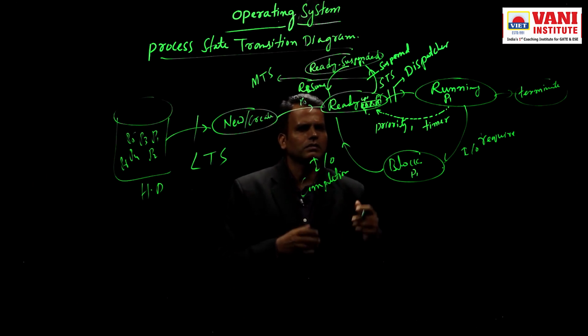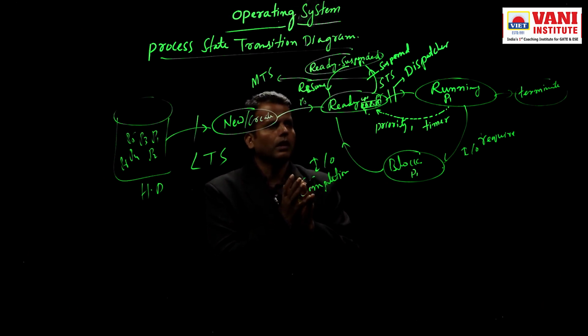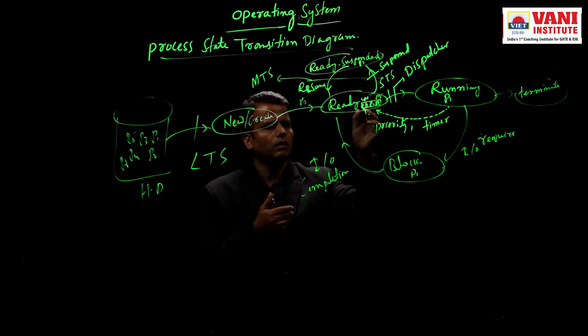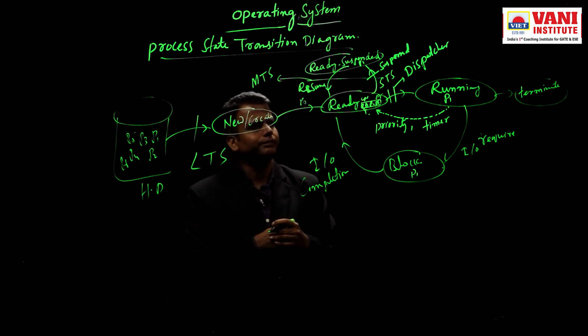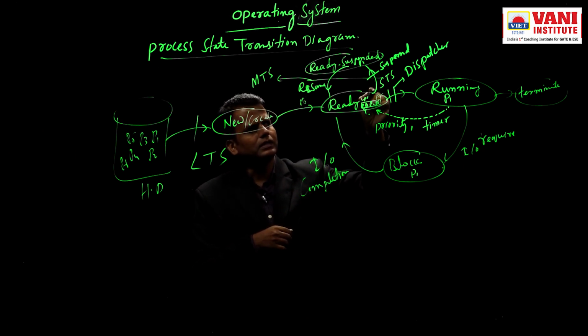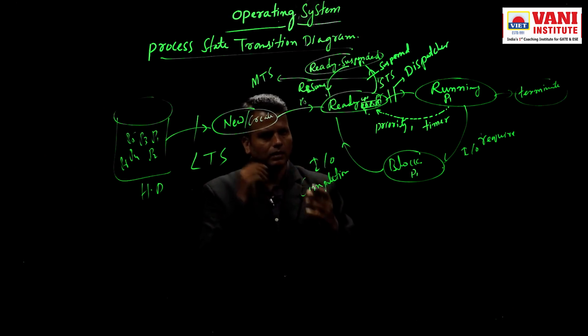Now what is our main goal in highlighting this point? The CPU scheduling algorithm is applied on this queue, the ready queue. Now next, if you are observing, suspension and resumption tasks are there. That means you are interacting with the hard disk.